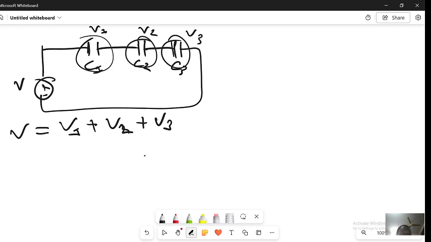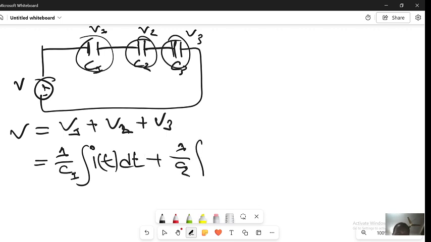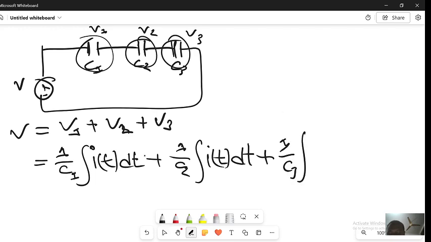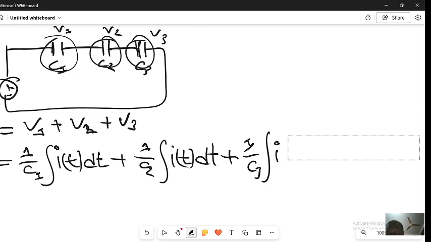Now what's the relation between the voltage and the capacitor? We already saw it in the previous video. V1 equals 1 by C1 integration of I dt, plus 1 by C2 integration of I dt, plus for V3, 1 by C3 integration of I dt.